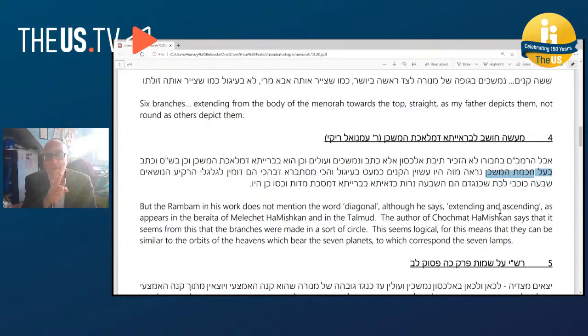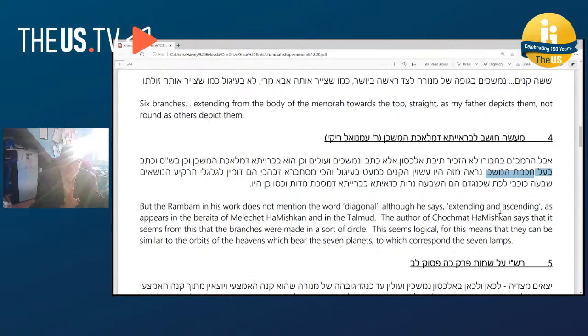Now, I don't know whether that means that in a two-dimensional plane, they were semicircular, as we're about to see, or whether he means that it's a three-dimensional circle, so that in a rather pre-modern depiction, if you were to look from the top of the menorah, you would see that the branches were arranged in a circle, because they represent an early depiction of the Shivah Kochvei Lechet, meaning the seven planetary systems. How you could look in the sky and see the system, and for some reason which is not explored here, the individual lamps of the menorah represented the planetary system.